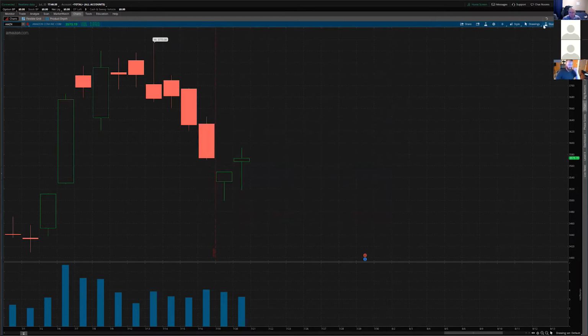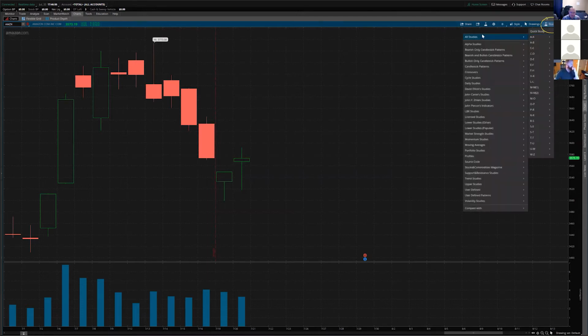You're going to click this beaker over here, and I'm going to highlight it. This beaker is my studies, and I'm going to add what I just explained. What the simple moving average does is take the average of whatever my length is, add it all together, and create a line.